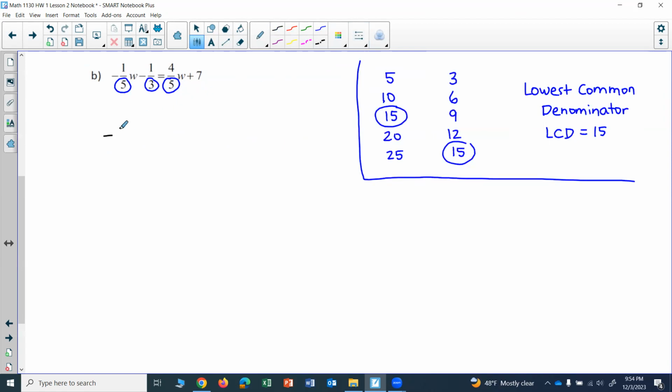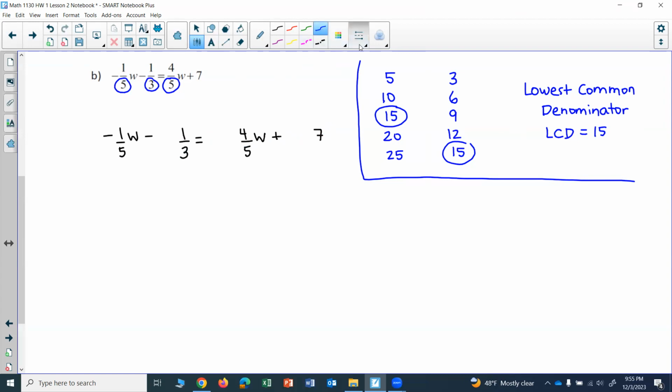So I'll have negative 1/5 W minus, and then I'll leave a little space and put my 1/3 equals, I'll leave some space in front of the 4/5 W plus, and then I'll leave some space in front of the 7.